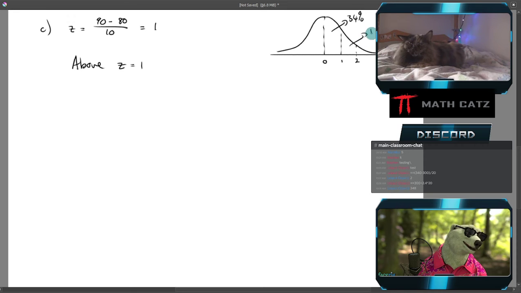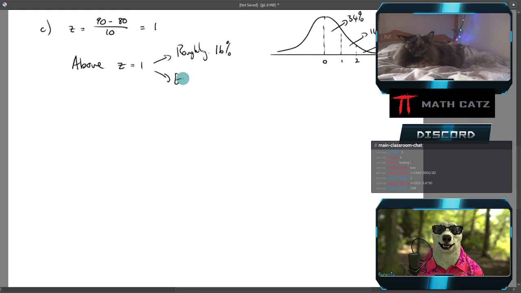This area is roughly 14%. And then the tail there would roughly be 2%. Not exact, roughly. So I'll do both for practice. So using this rule of thumb, above the 1 line will be the 14 and the 2 for 16%.